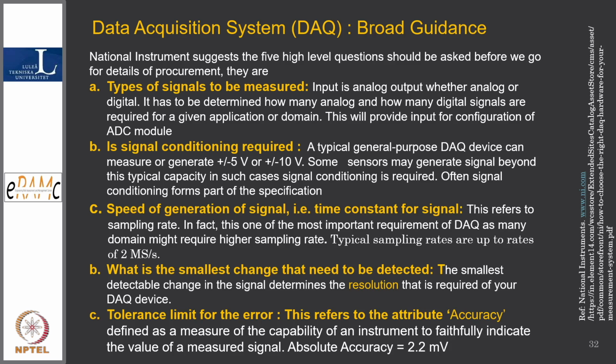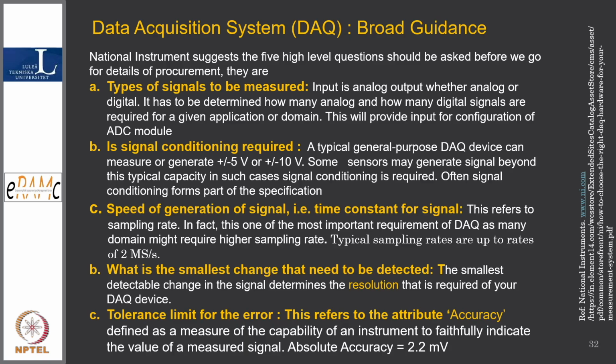Now, having studied the individual components, what we try to say here are the broad guidelines of what we have understood. National Instruments is a body at national and international level, a domain expert in developing different types of instruments.